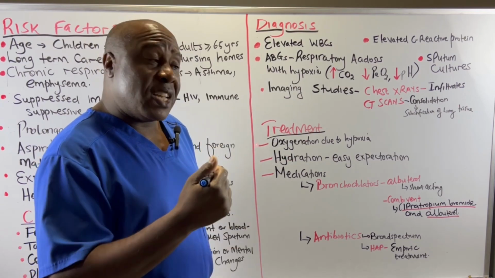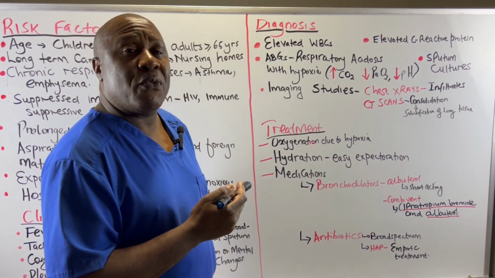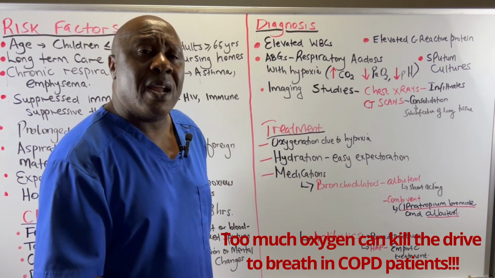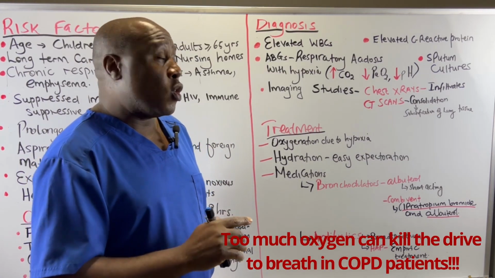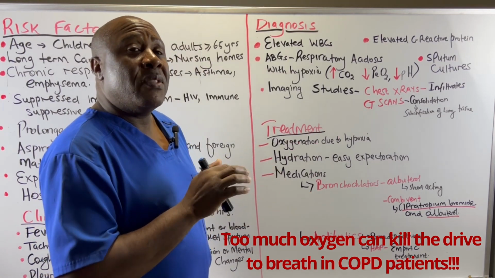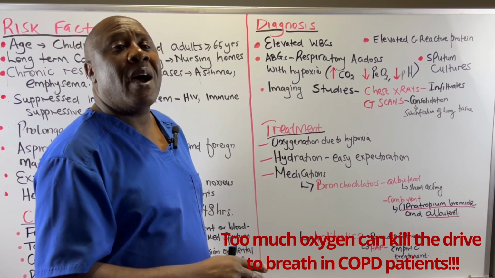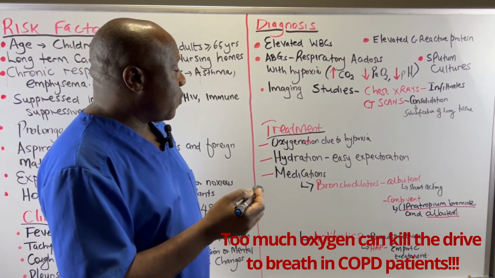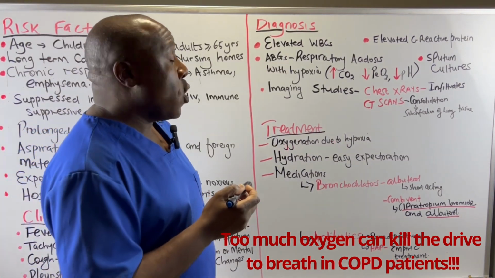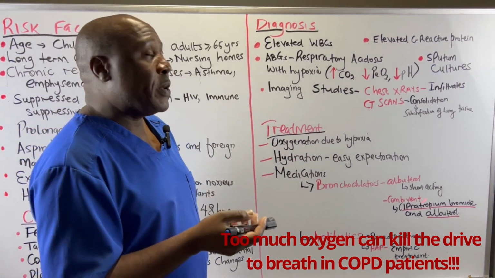So when you provide this oxygenation, be very careful not to oversupply the oxygen so as to kill that drive to breathe. Because if you oversupply oxygen to this COPD patient, then the drive to breathe goes down and they can die. So be very careful when oxygenating those patients who suffer from chronic respiratory diseases like COPD.